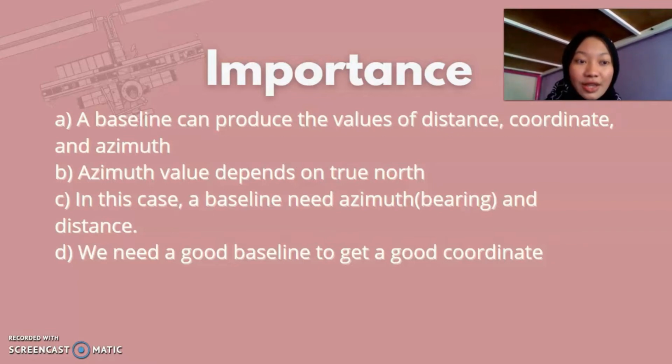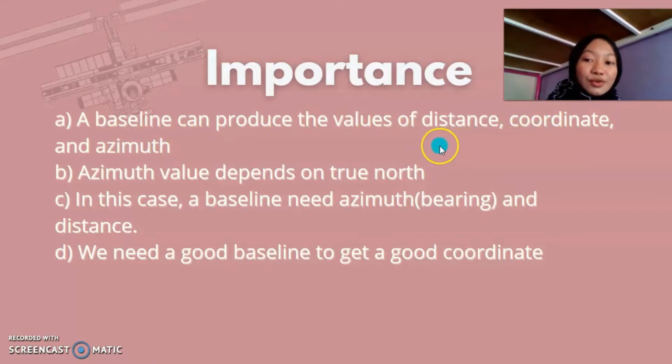To get the coordinate, we need to have the bearing and distance, right? So in baseline processing, a baseline can produce the values of distance and bearing, which is azimuth, and then it can produce the value of coordinate.